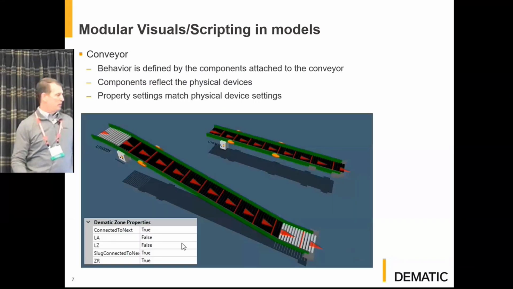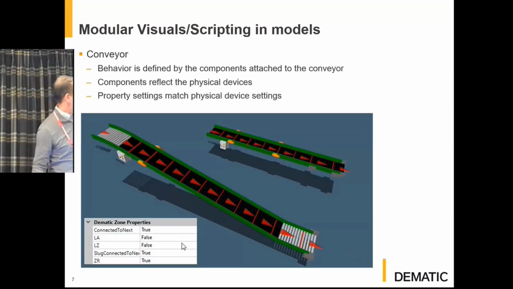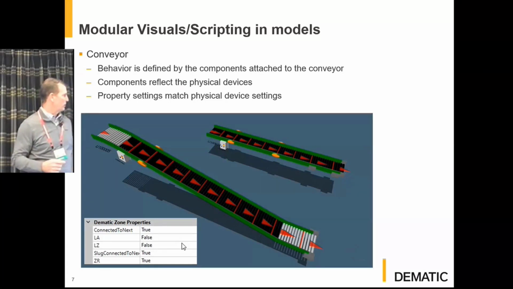So this is just an example of our conveyor and how we changed it to be more of a modular design. You can see from our visual reference there, we have a drive that's attached to it. Then the orange represents a full photo eye, basically an interface point from the PLCs, and there's a cable that goes there.